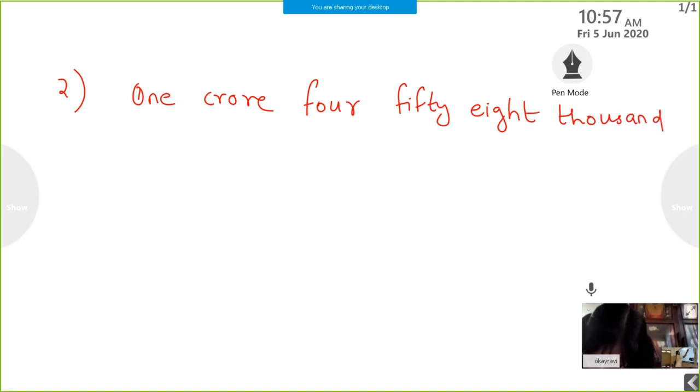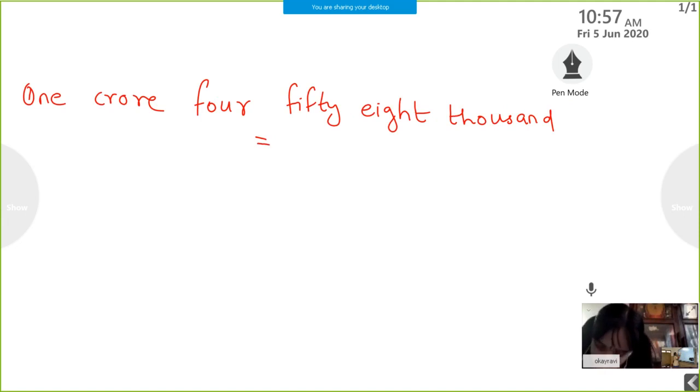In order to represent this number name in a place value chart, what do we have to do first? We have to convert it into the numeral.